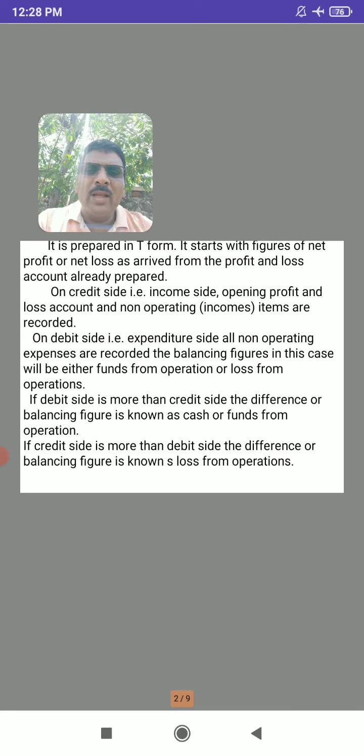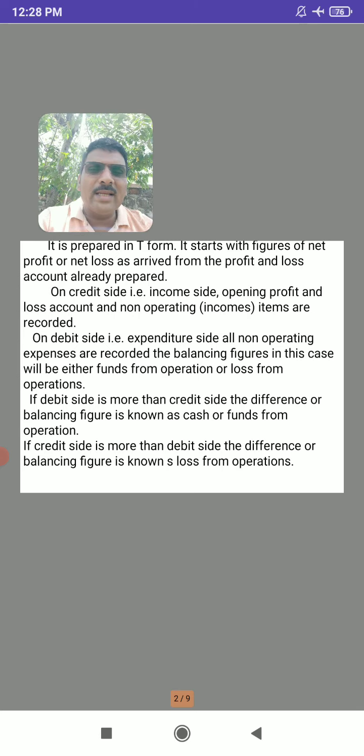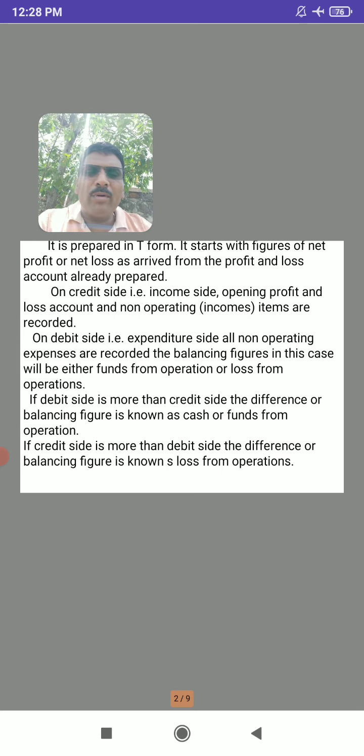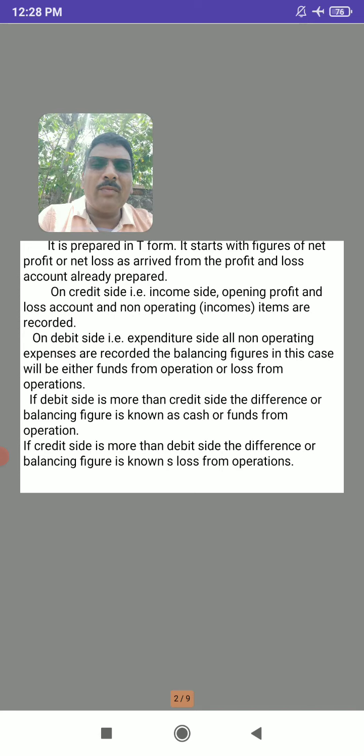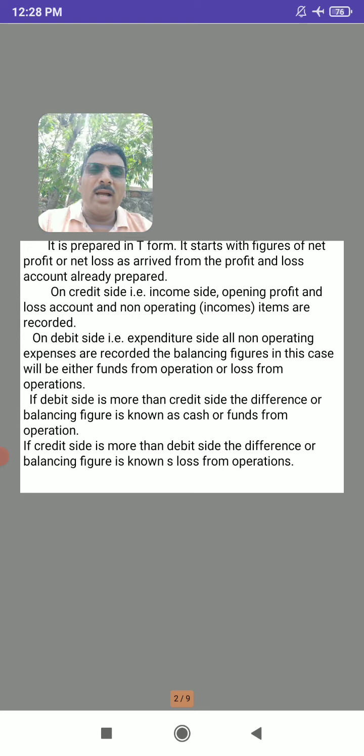So first we take the credit side, that is the income side. Opening profit and loss account balance and non-operating items are recorded. So here, the opening profit and loss account and non-operating incomes. In statement form we have seen what the non-operating incomes are, and also what the opening balance of the P&L account is.